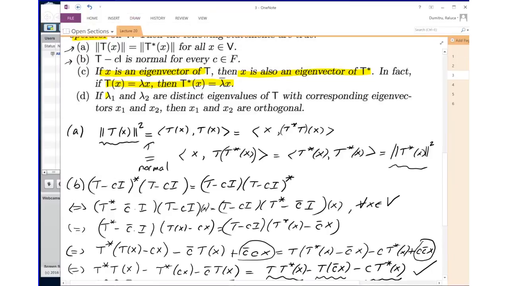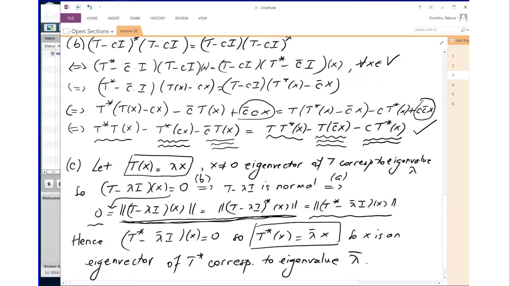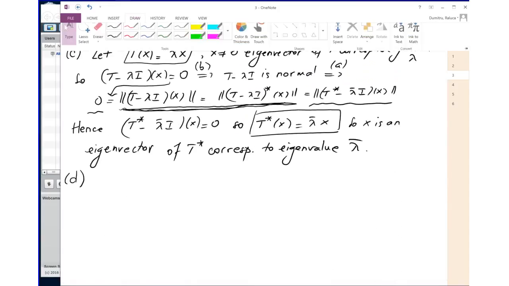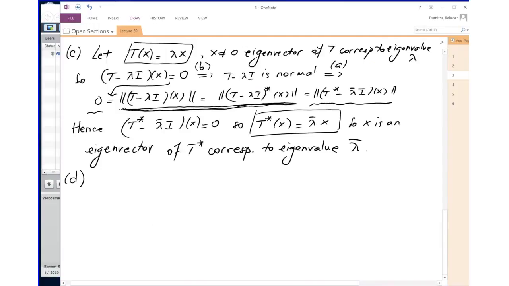So now you have two distinct eigenvalues, two different eigenvalues, and they have corresponding eigenvectors, x1 and x2. So the eigenvectors corresponding to different eigenvalues must be orthogonal in the sense of inner product, right? So the inner product between x1 and x2 must be 0. Let's look at that.